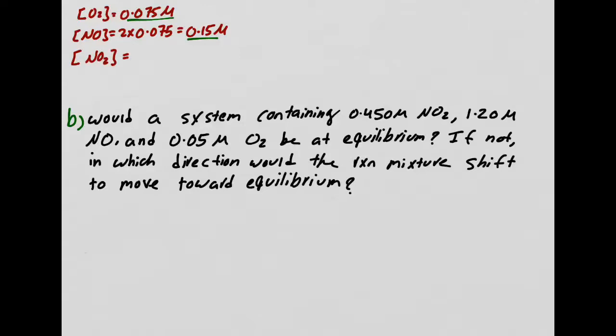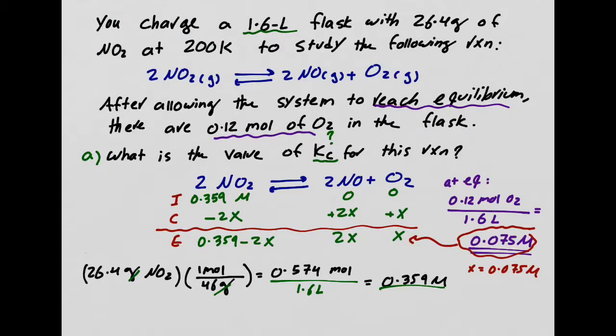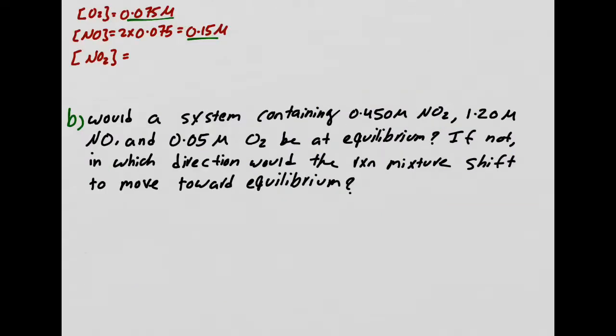Okay. And then the last one I need to do, I need to figure out the equilibrium concentration of NO2. Let's come back over here. What would that be at equilibrium? At equilibrium, that is 0.359 minus 2 times 0.075. And what I get is 0.209 molar.